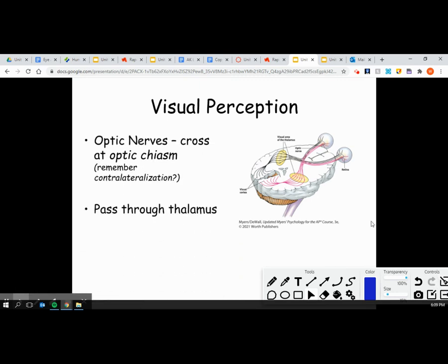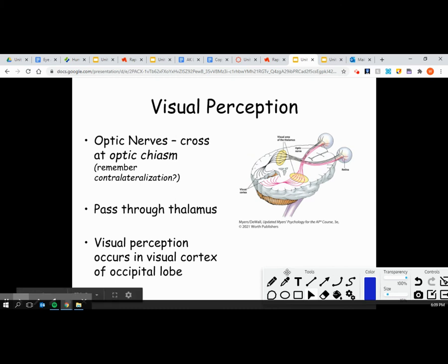From there, the optic nerve goes across what's called the optic chiasm, which is, you remember, contralateralization, where the two optic nerves cross to go to the other hemisphere of the brain.